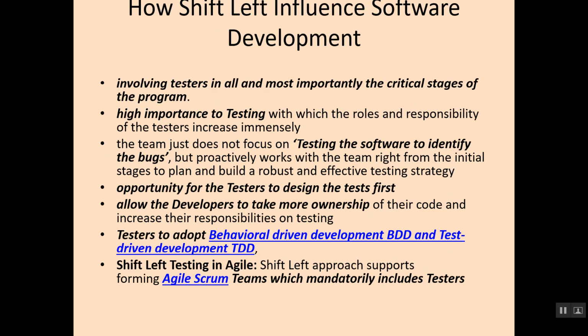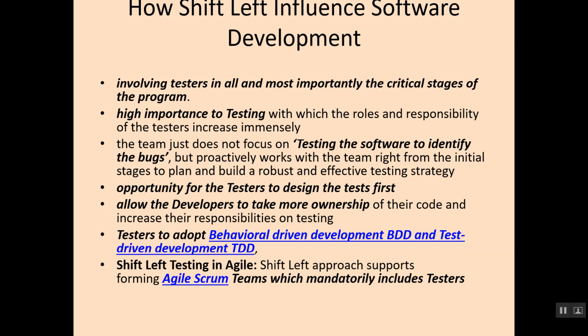And how does shift left influence software development? There are a couple of points we'll talk about here. The first is involving testers in all, and most importantly the critical, stages of the program. The second is high importance to testing, with which the roles and responsibilities of the testers increase immensely.